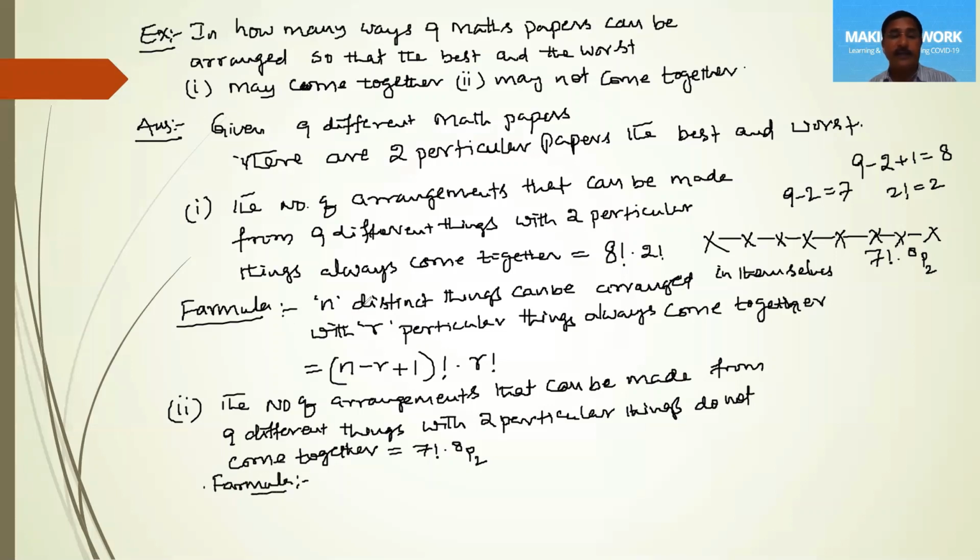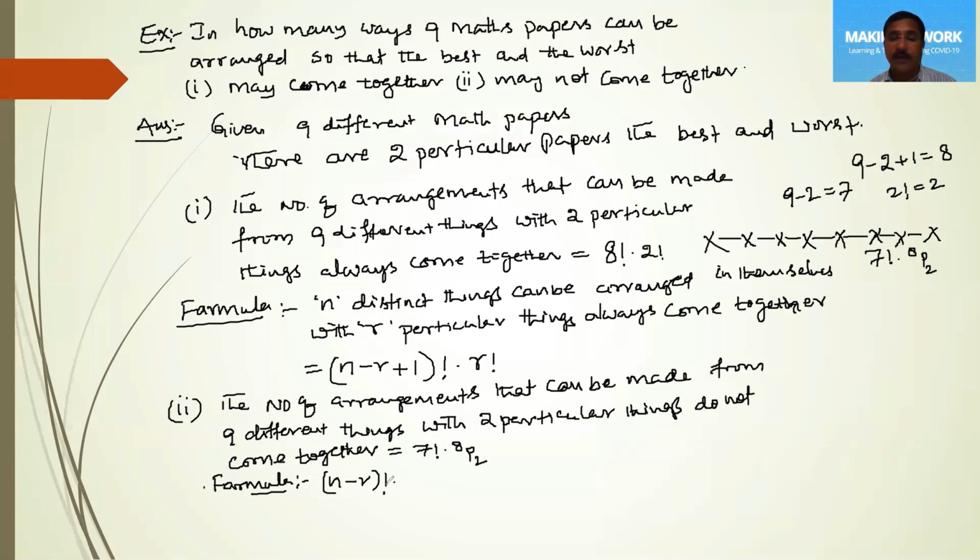So like this, n distinct things can be arranged in themselves with r particular things not coming together. First, we will remove those r elements from the given n elements and arrange the remaining elements first. Then when n minus r elements are arranged in a row, the number of blanks that we can have between every 2 elements and at either of the ends is what? 1 more than the number of elements arranged.